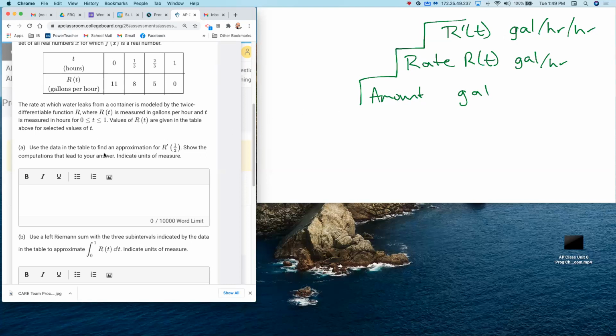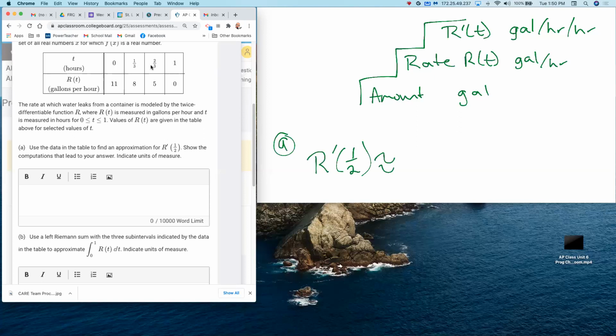So it says use the data in the table to approximate R prime of 1/2. So 1/2 is right in between these two. Okay, so when it shows up right in between those two, for part A, what I would want you to write is R prime of 1/2 is approximately equal to, and then you're going to do the calculations.